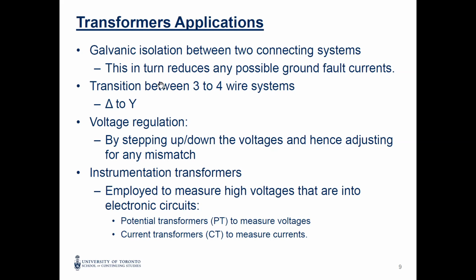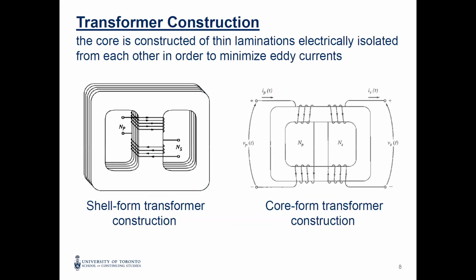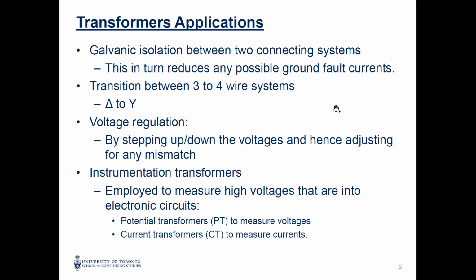Because for the transformer, as we see here, they are not electrically connected. There is a kind of isolation between the two circuits here as electrical. There is no conductor from primary to secondary. So this one can be isolation.